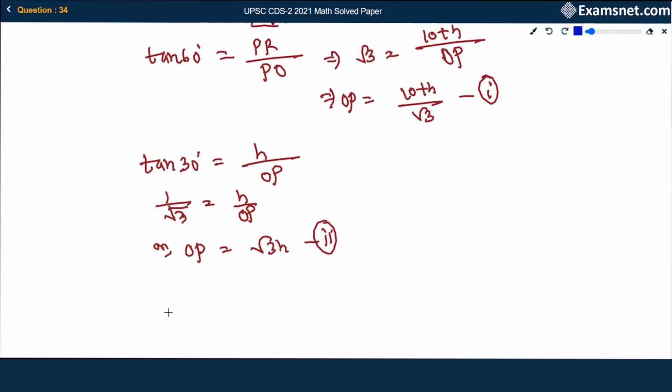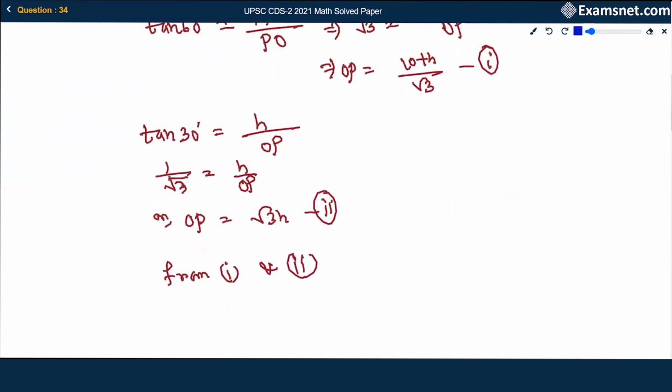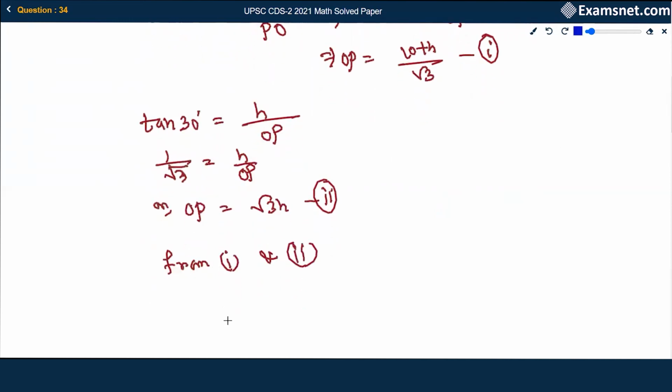Now from 1 and 2, both are giving us the value of OP, so we can make them equal. Root 3 h equals (10 + h)/root 3, or 10 + h equals 3h.